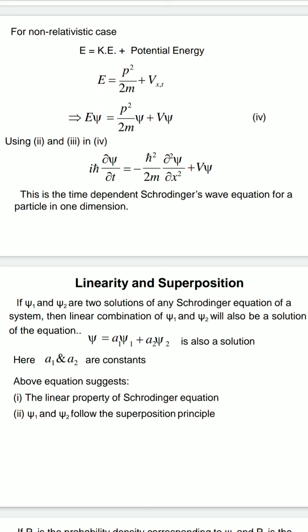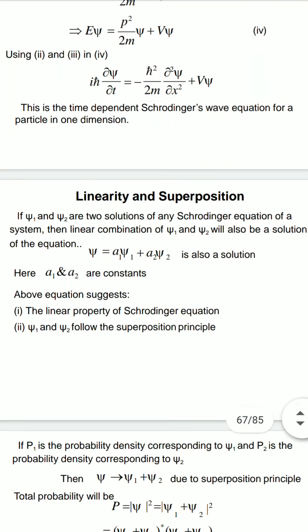So when you have a Schrodinger equation with one solution psi 1 and another solution psi 2, then its linear combination also will be another solution. So you can consider an infinite number of solutions for that same Schrodinger equation if you have two wave functions which are solutions of it.